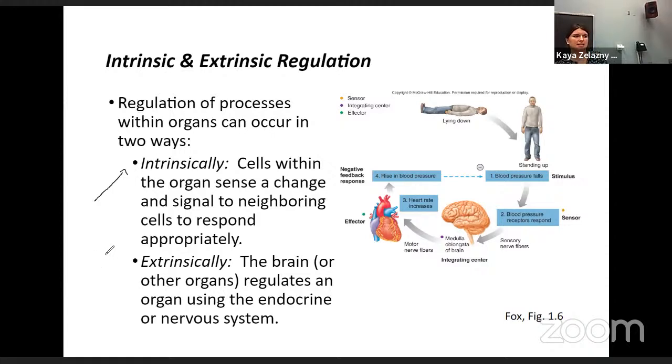Whereas when we regulate things extrinsically, that's always going to be something coming from outside. So when we see this word extrinsic regulation, which we'll see regularly, we're often going to be thinking about the involvement of the nervous system, sort of longer, more global processes that may affect multiple parts of the body at once.